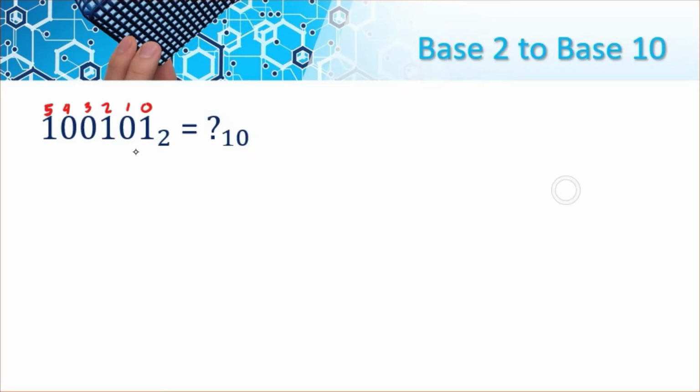So 1, kani nga bit, so 1 times 2 to the power of 0, okay? Then plus the next one, sunod nga bit 0. So we have 0 times 2 to the power of 1, plus sunod nga bit 1.